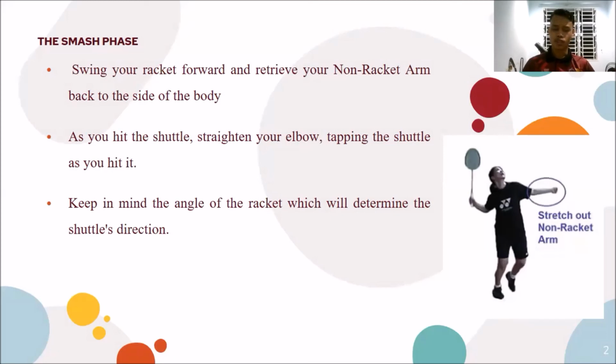The smash phase is not the fast smash, but it's like a smash where you hit the shuttle slowly. As you hit the shuttle, strengthen your elbow, tapping the shuttle as you hit it. And when you hit the shuttle, keep in your mind the direction that you want, so the shuttle will go to the target.